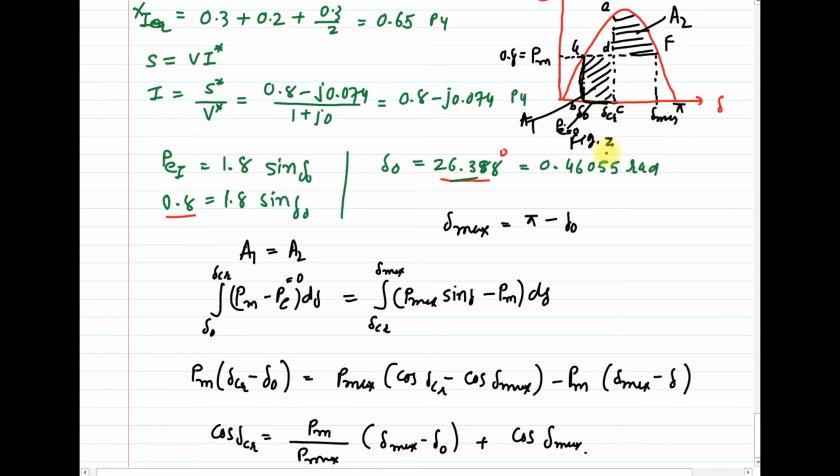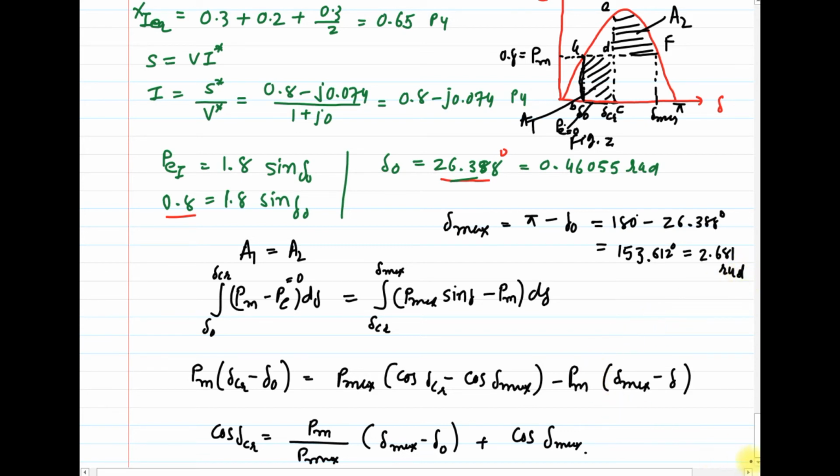So pi, which is equal to 180 degree, minus delta 0, which is 26.388 degree. So the final answer for the delta max is 153.612 degree, which is equal to 2.681 radian. Clear? You can use any of these values.